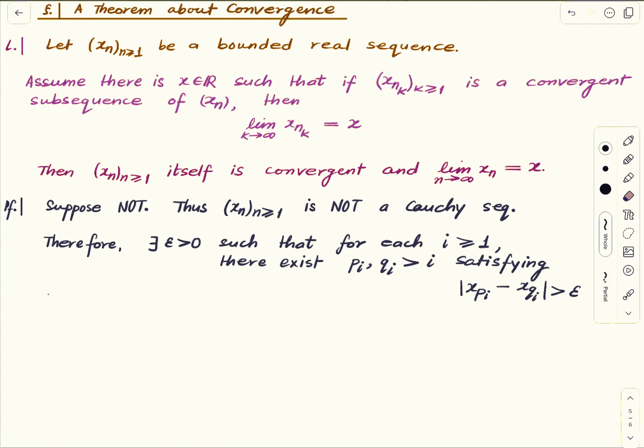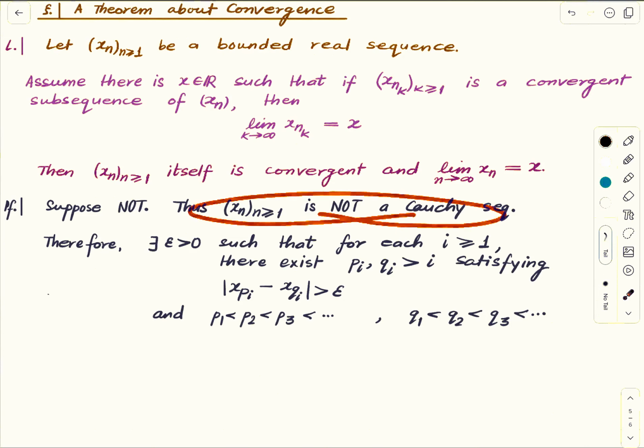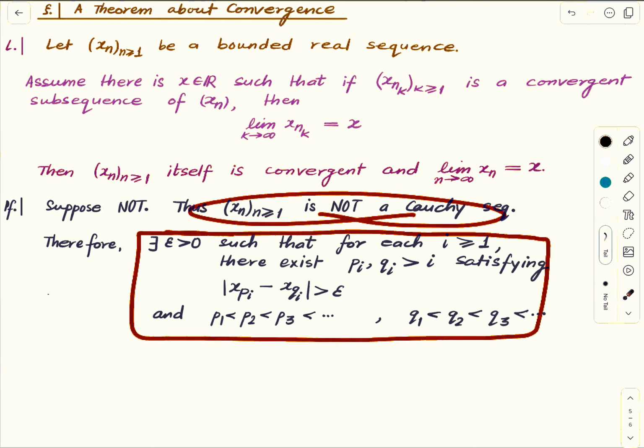One is what we have written here, and these two things. So let me ask you to convince yourself why this statement implies this statement. Okay.